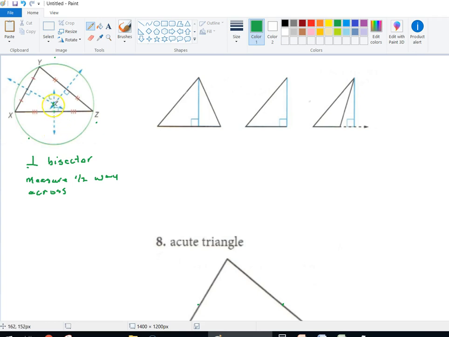All three of those lines should meet at one point. That will be where the three perpendicular bisectors meet, and the three perpendicular bisectors meet at the circumcenter. Okay? So, perpendicular bisectors and circumcenter.